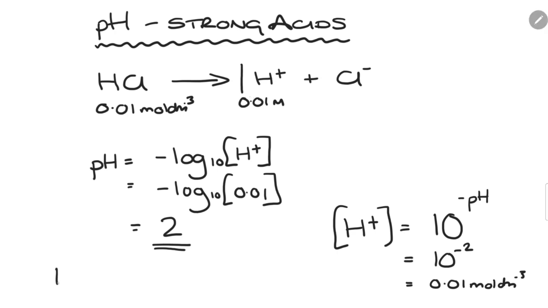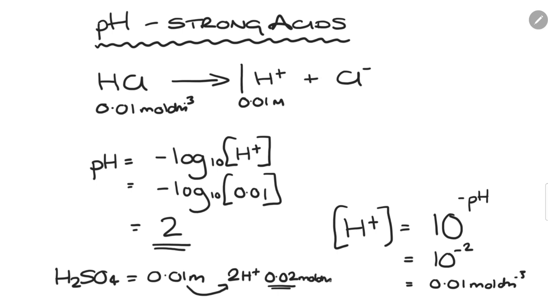So if, for example, we had H2SO4 of the same concentration, so 0.01 molar of the sulfuric acid, because that would have produced 2 hydrogen ions when it dissociated in solution, the hydrogen ion concentration would have been 0.02 moles per litre. And so when you put that into a pH calculation, you wouldn't get the same value. That would be a slightly lower pH than pH 2.